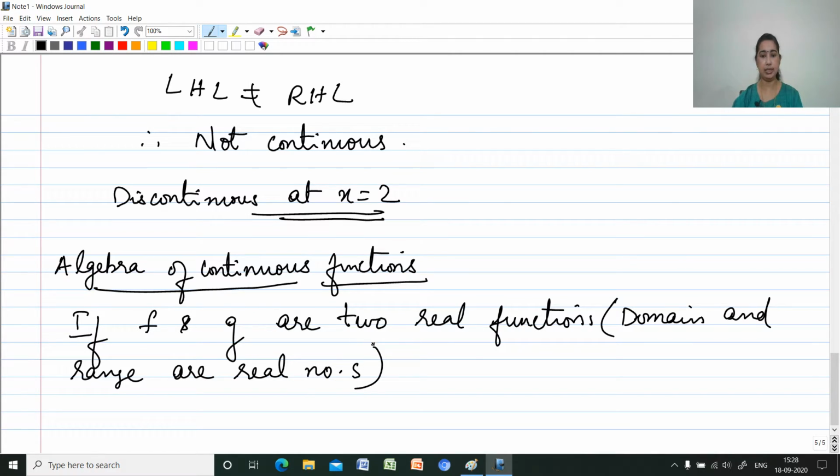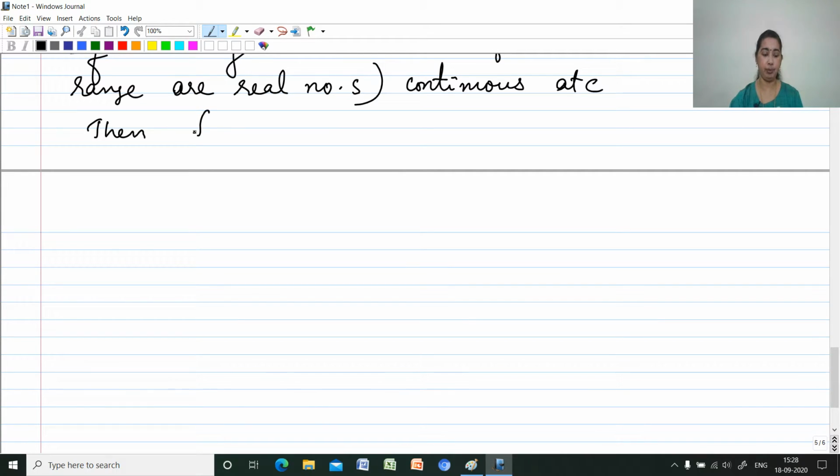So if f and g are two real functions, continuous at c, these two functions are continuous, then what all can we say? Then f plus g is also continuous at c.